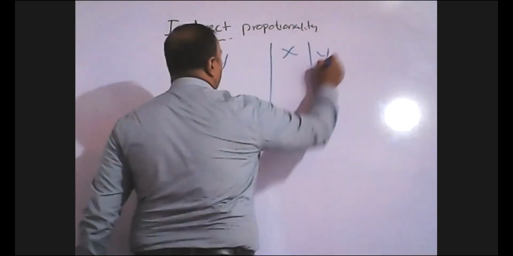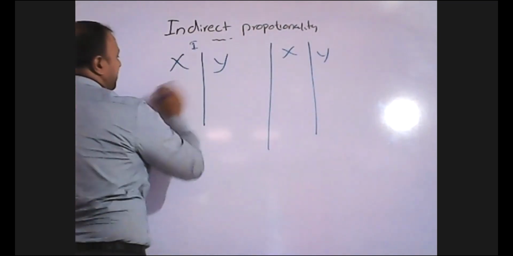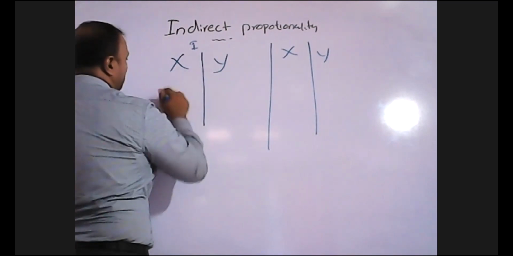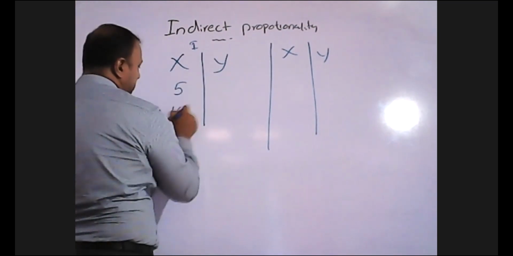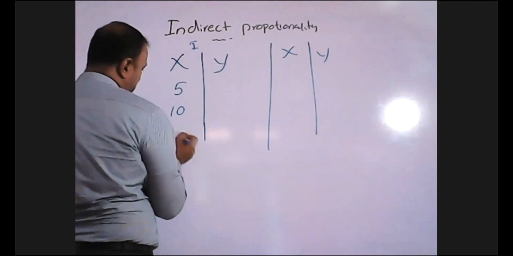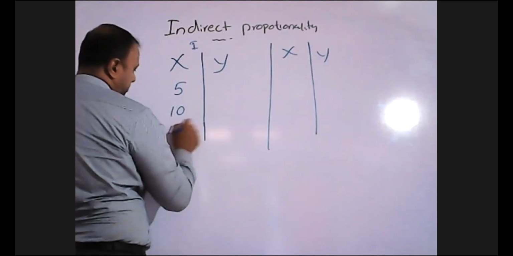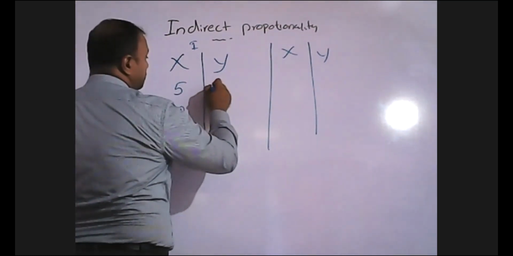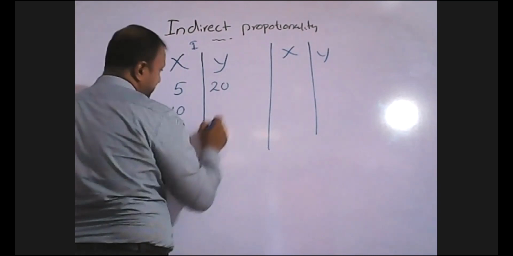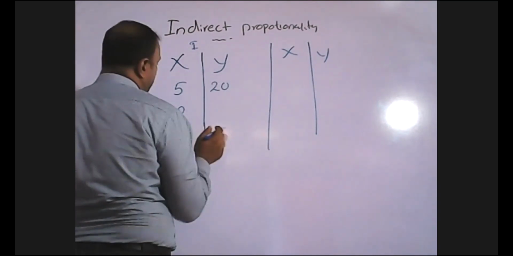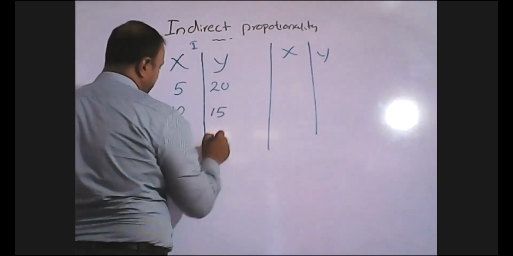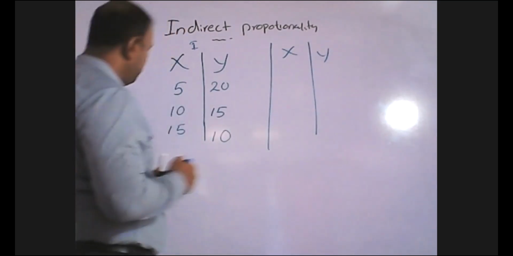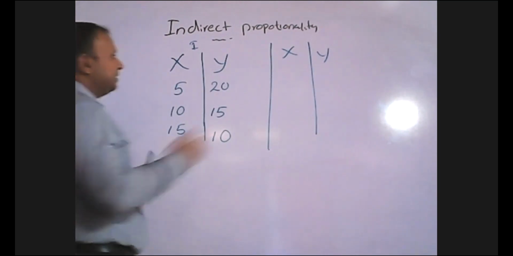Suppose 5, 10, 15, something like this. Then there is 20, then 15, then 10. Then there is another example.